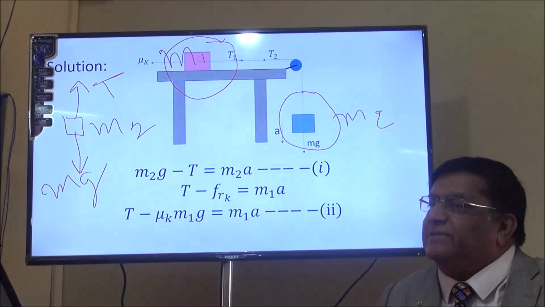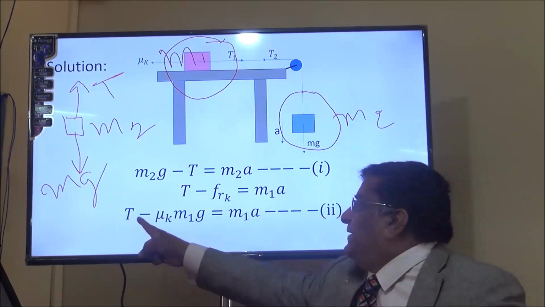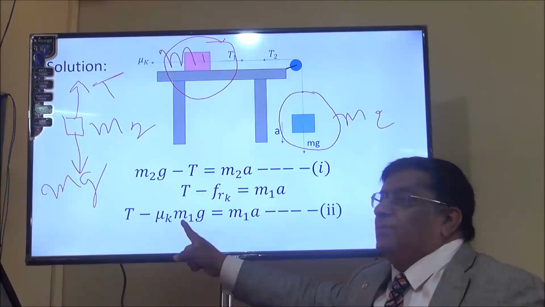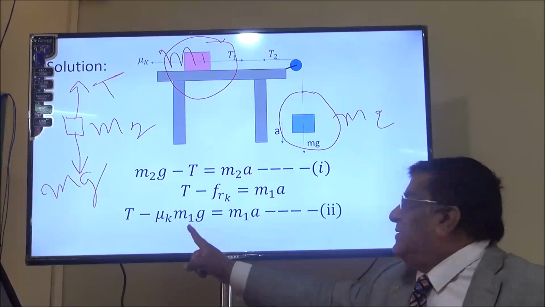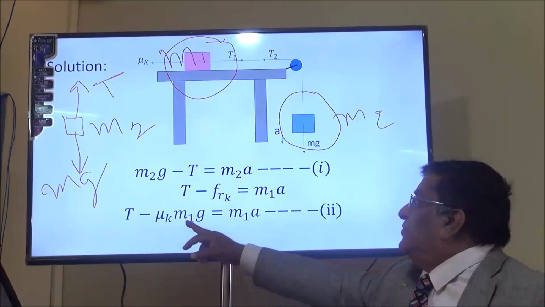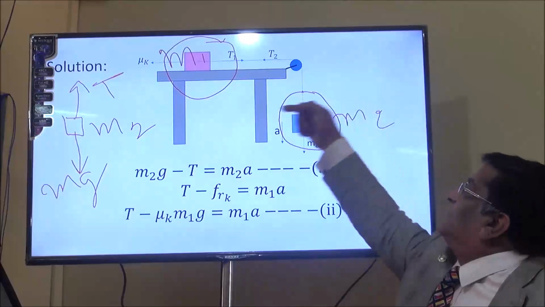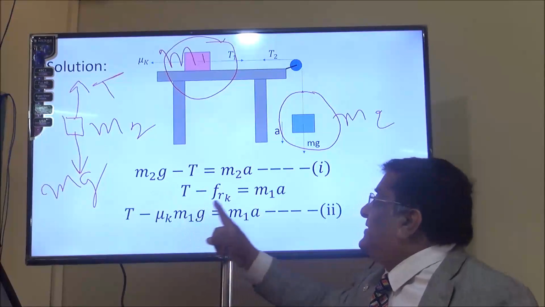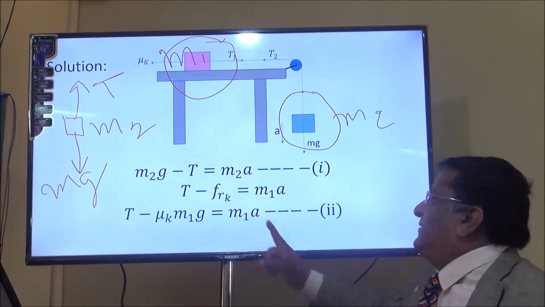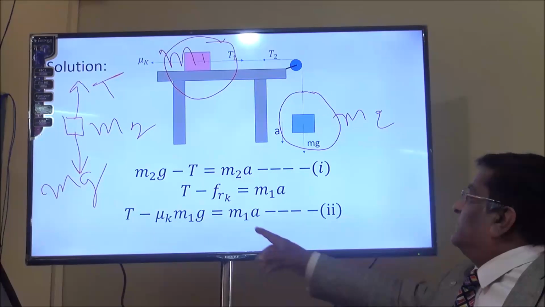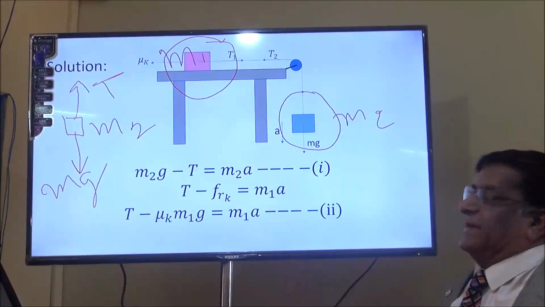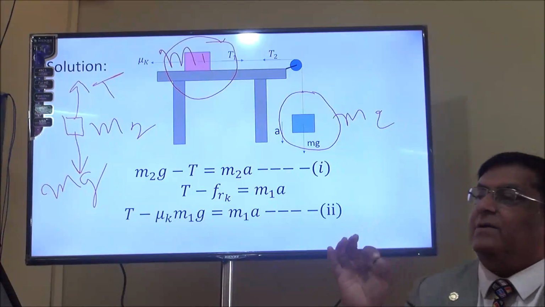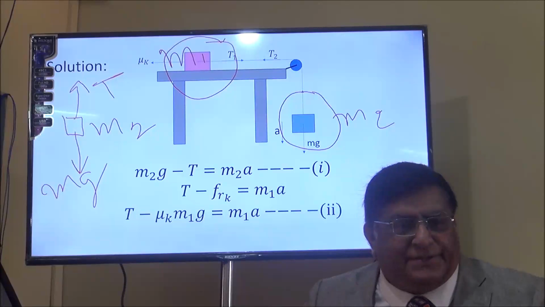If T is larger, then the net force is T minus mu into M1 into G. So this is the force acting backward, and this is the net force. This net force is equal to mass into acceleration, where M1 is the mass. This is how you make free body diagram formulas.